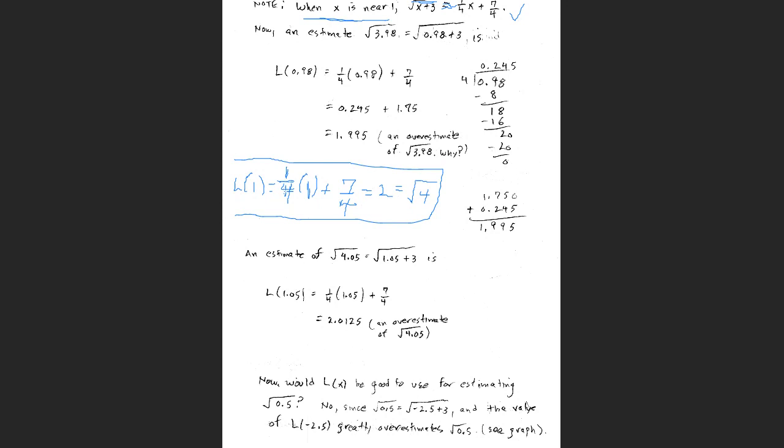But what we're doing is sticking to values that are close to the square root of 4. So square root of 3.98, what would the approximation be there? Well, I'm using my linearization formula, of 0.98, because 3.98 equals 0.98 plus 3.